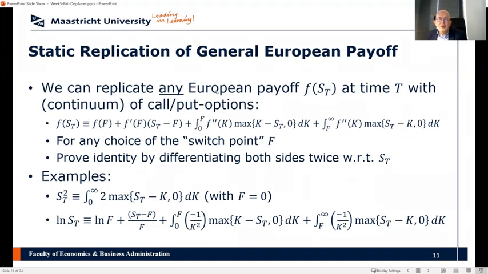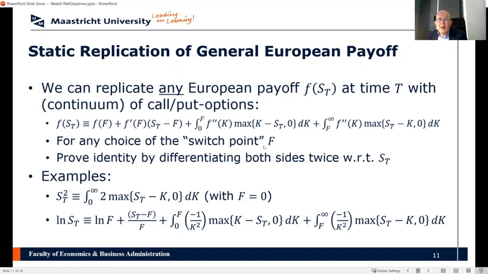And the trick that you do is you say, I choose a certain switch point f, and then between 0 and f, I am using all kind of put options, and I'm integrating over the strikes here. So I'm choosing a strike of 0, 0.1, 0.2, 0.3, 0.4, 0.5. So I'm adding all these different strikes together. And the weight that I'm using for each strike is the second derivative of the payoff function evaluated at that strike point.